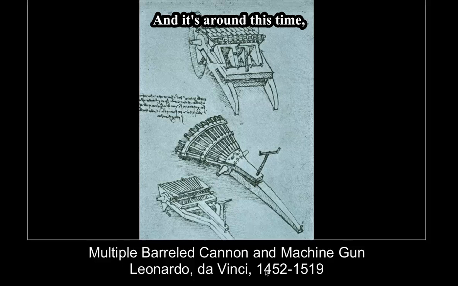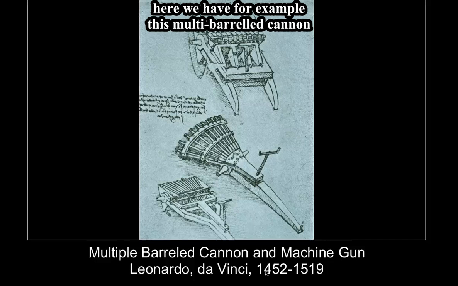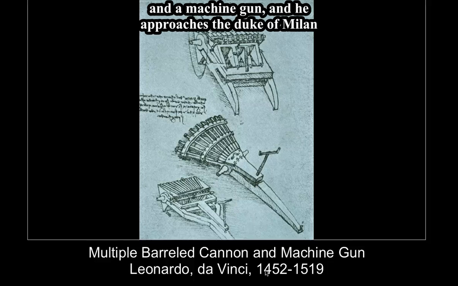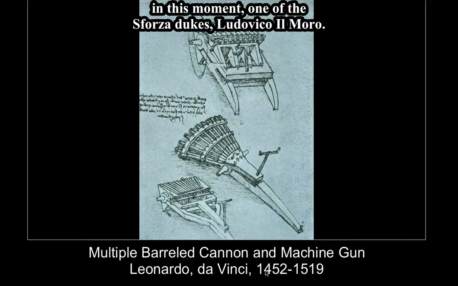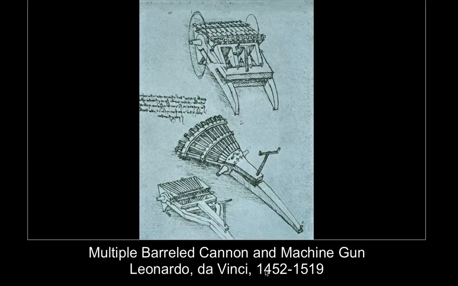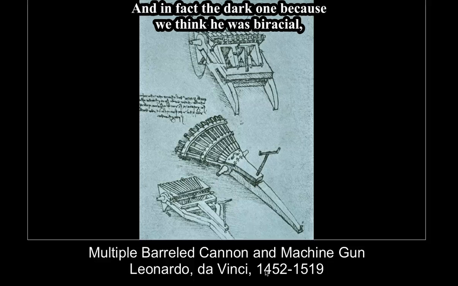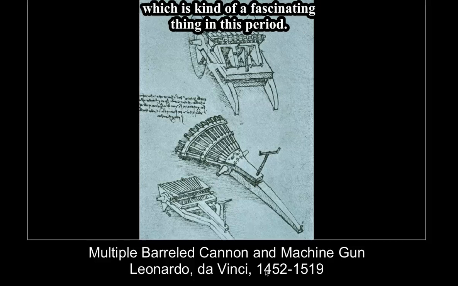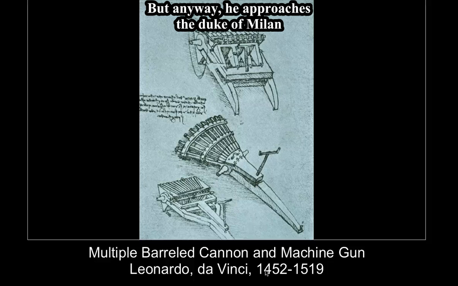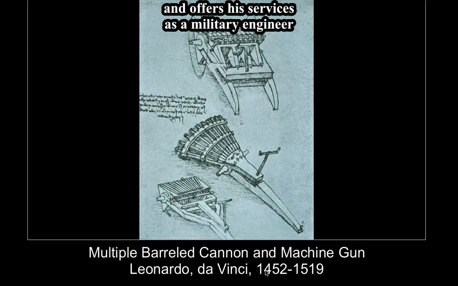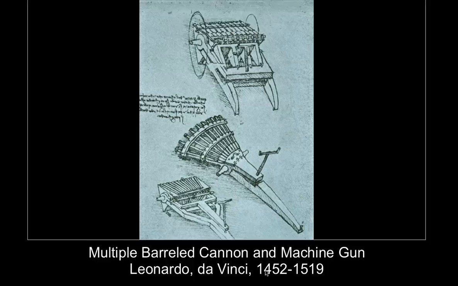And it's around this time, here we have, for example, this multi-barreled cannon and a machine gun, and he approaches the Duke of Milan in this moment, one of the Sforza dukes, Ludovico il Moro, Ludovico the Dark One, and in fact, the Dark One because we think he was biracial, which is a kind of a fascinating thing in this period.